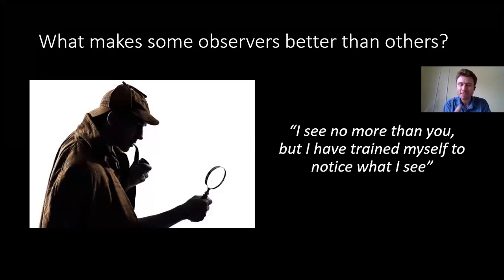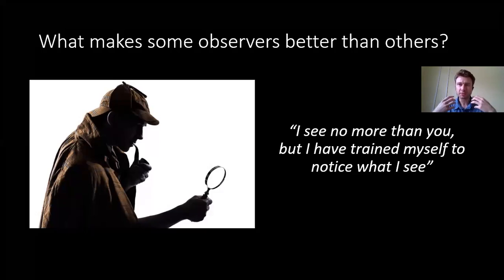But one famous quote from Sherlock Holmes is, "I see no more than you, but I have trained myself to notice what I see." And just as you all described having experience and curiosity and passion, that is so critical.